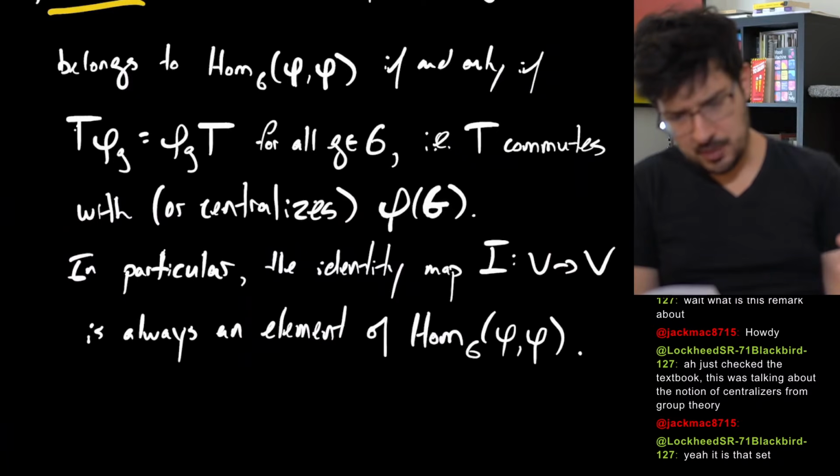As is typical for homomorphisms in algebra, the kernel and the image of a morphism of representations are subrepresentations.